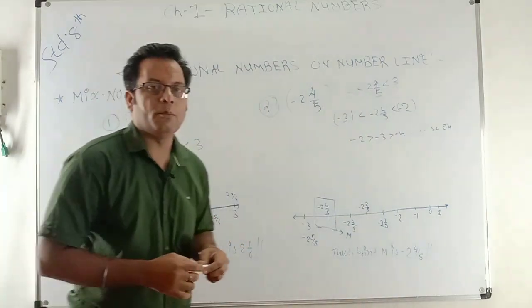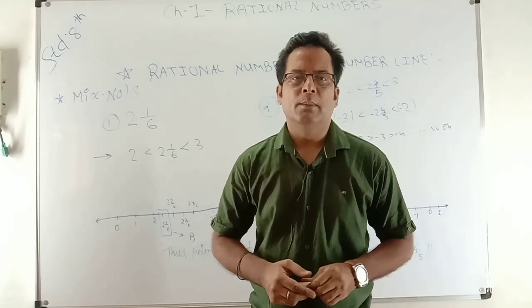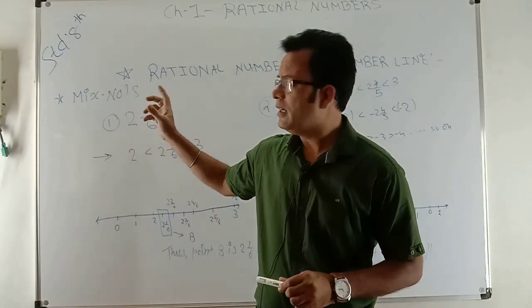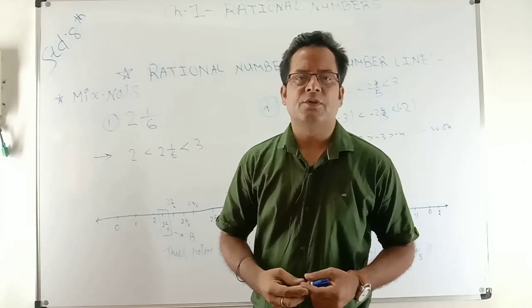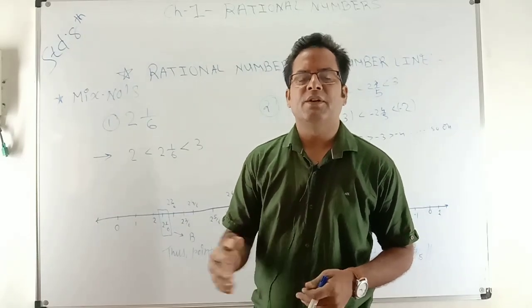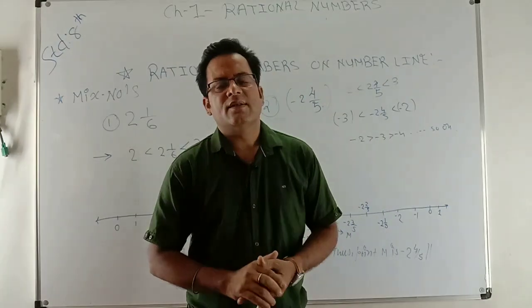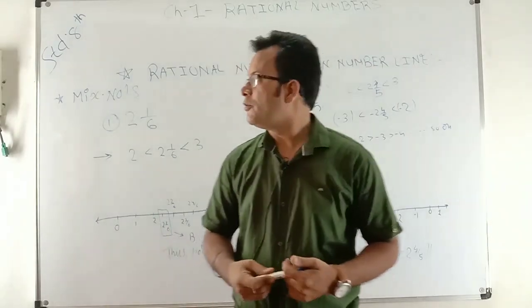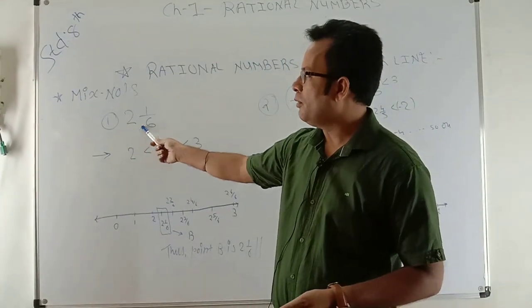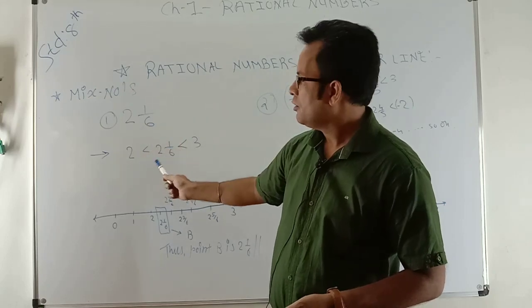So this is all about the presentation of the mixed number on the number line. Only one thing you have to keep in your mind: mixed numbers presentation becomes easier compared to the simple fraction. You have to just see the integers. If it is 2 point something, then definitely it is bigger than 2. You can see here 2 integer 1 upon 6 means definitely it is bigger than 2.